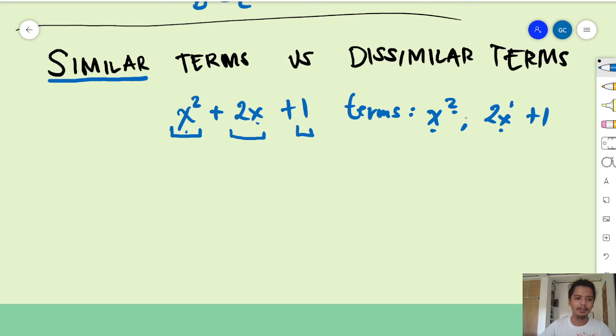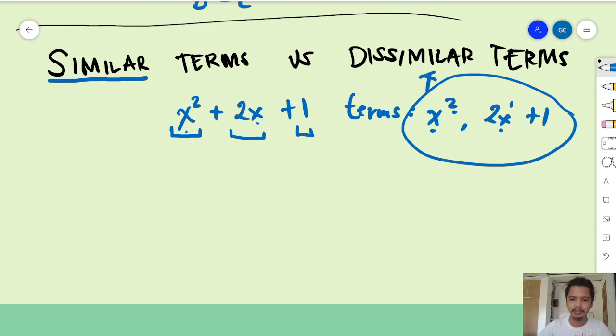So, kapag sinabi natin ulit na ang similar terms ay dapat parehas ang variable, parehas na variable as in parehas ng letter, parehas silang x, parehas silang y, then parehas sila ng tinatawag nating exponent. Since ito ay 2, at ito ay 1, at ito ay wala, which means pwede yung 0, 0 yung exponent nung constant natin yan. Ibig sabihin, itong tatlong to ay actually magpo-fall dun sa tinatawag natin sa dissimilar terms.